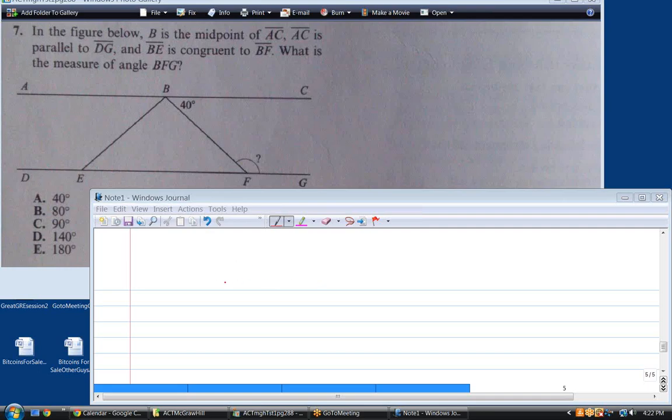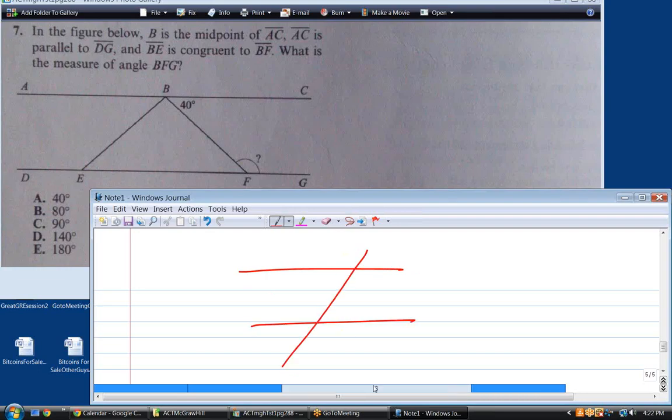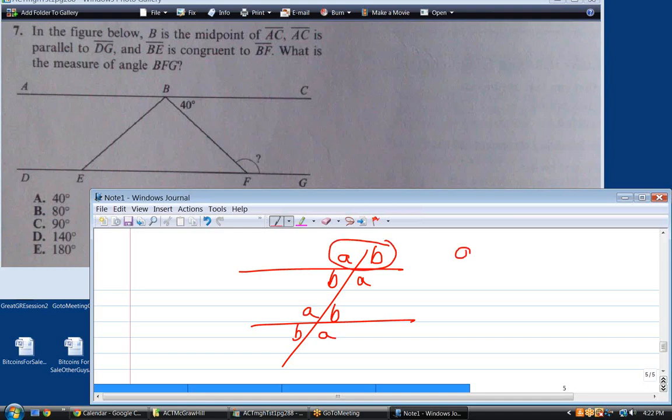Let's just review parallel lines and transversals. If you have a parallel line and a transversal like this, you only create two angles, A and B. Every other angle here is either A or B. That's A, that's B. This is the big one, that's A, this is B, this is B. Furthermore, A plus B are always supplementary.